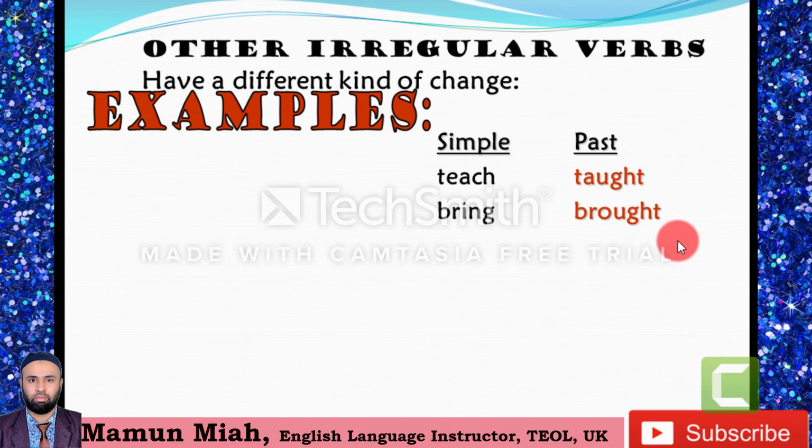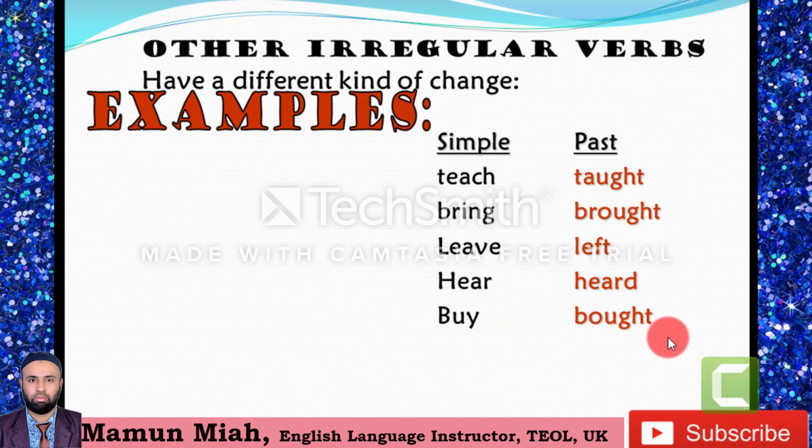Teach, taught, different. Bring, brought, different. Not only vowels, but also consonants. The word totally changed to another accent, the pronunciation. These verbs are also called irregular verbs. Also leave, left. Hear, heard. Buy, bought.